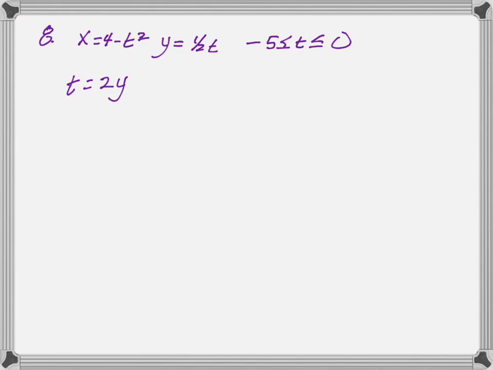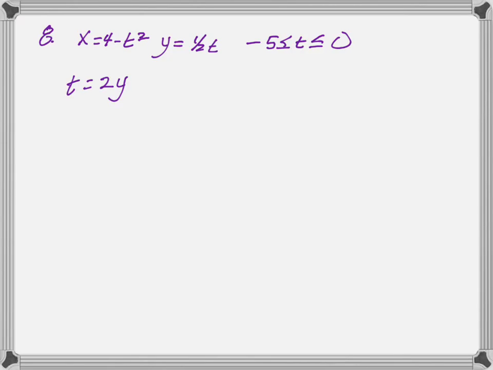Number 8 is x equals 4 minus t squared, and y equals 1/2 t, with t between negative 5 and 0, so we have restrictions this time. Okay. So t is 2y.